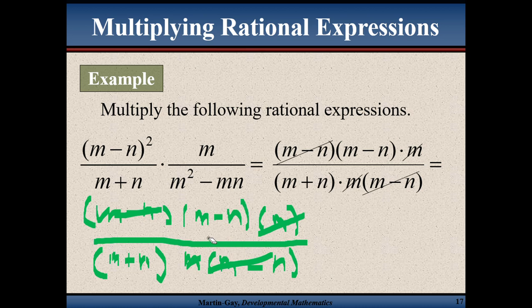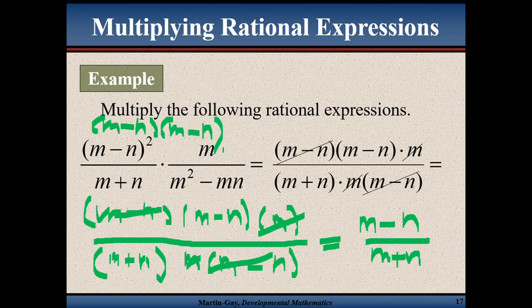So, tama yan. So, ito yung matitira. So, we have M minus N over M plus N. Tama yan. Iba yung naisip ko, kasi inisip ko yung factor ng M squared. Mali. So, tama ito, kasi ibig sabihin, dalawang M minus N, tsaka isang M minus N. Kaya naging ganyan yan. Yun ang ibig niyang sabihin dyan.